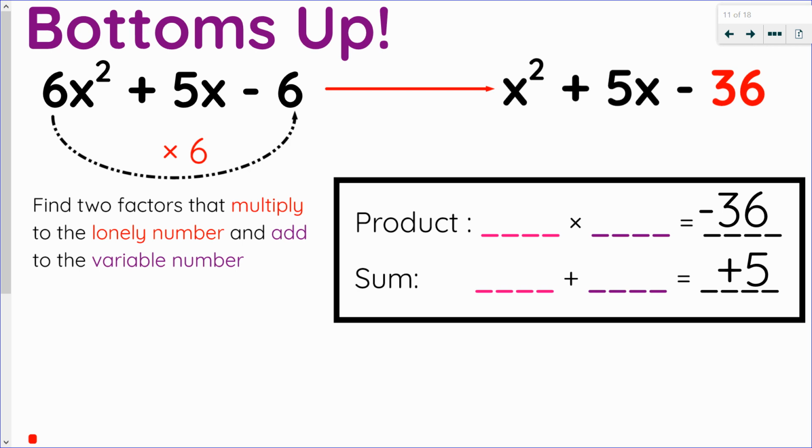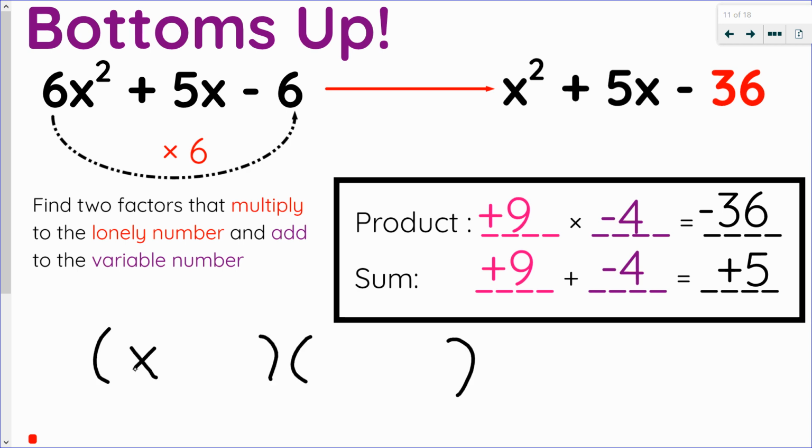So using what I know about integers, I know that would be 9 and negative 4, but let's check. 9 times negative 4 is negative 36, yes. 9 plus negative 4 is positive 5, yes, I'm good to go. So I'll do my two sets of brackets. The only way I can get x squared is if I have x times x as my first term. And then I'm going to use the factors that I just found in any order, positive 9 and negative 4.